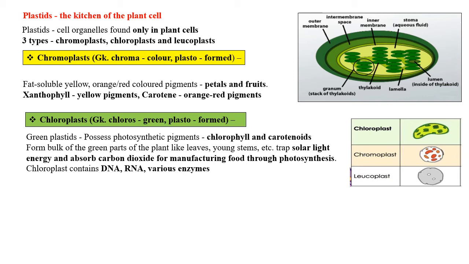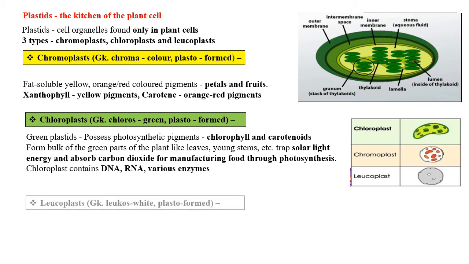Chloroplast also contains other pigments, yellow and orange, but these are masked by a large quantity of chlorophyll. Chloroplast contains DNA, RNA, and various enzymes essential for photosynthesis.